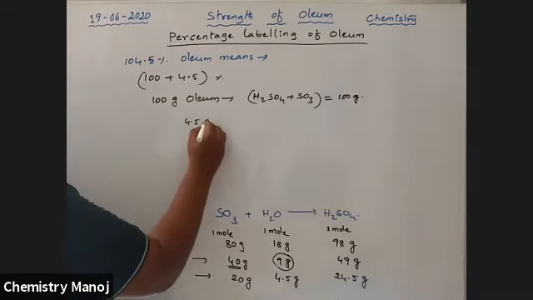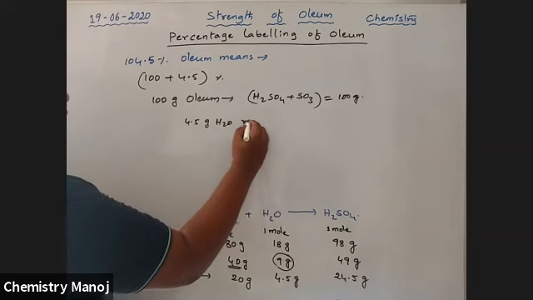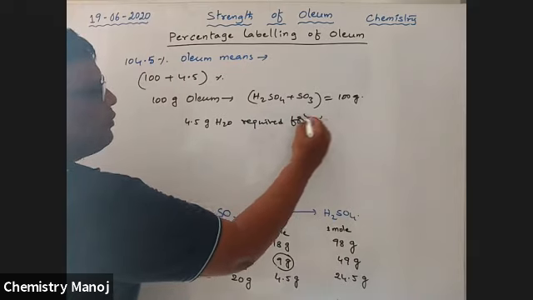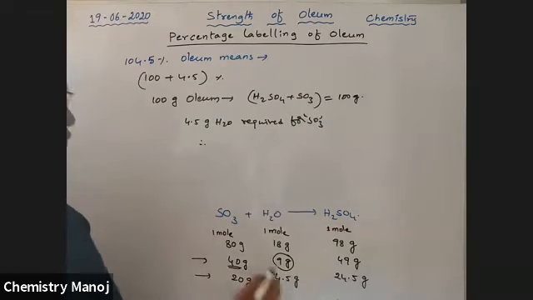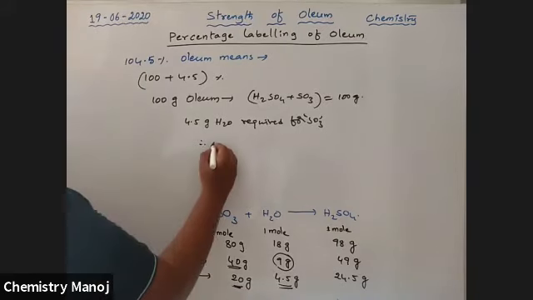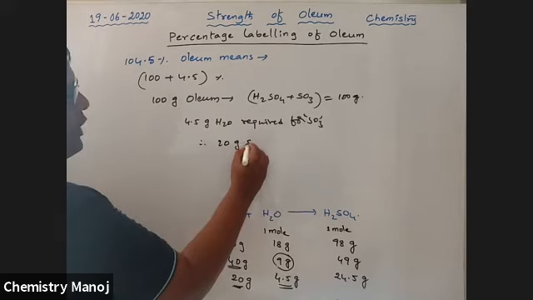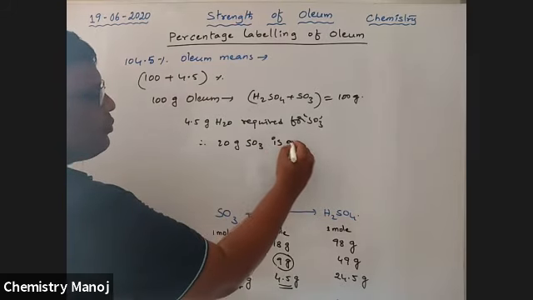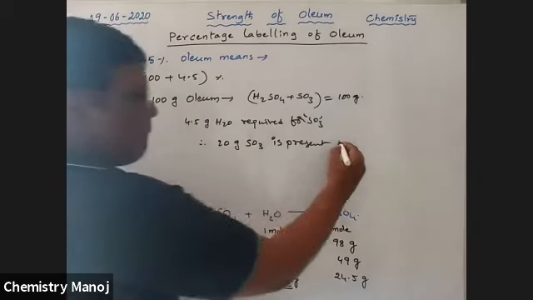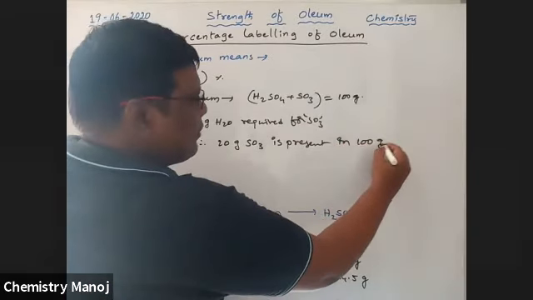So 4.5 grams water is required for SO3. Therefore, 4.5 grams water required means how much SO3 is there? 20 grams. Therefore, 20 grams SO3 is present in 100 grams oleum.